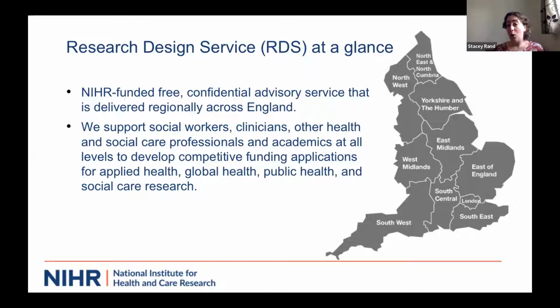And we support a whole range of different people coming from different backgrounds who are wanting to put together applications for funding for health and social care research. So it is, of course, academics and people working in universities and higher education institutions, but also health and social care professionals and others interested in putting research together.